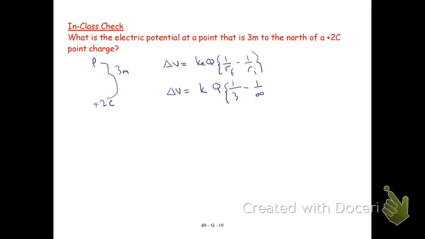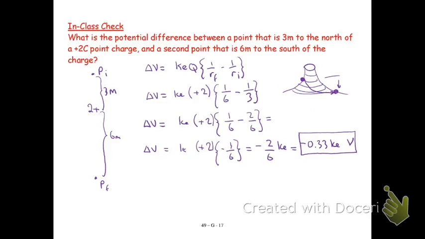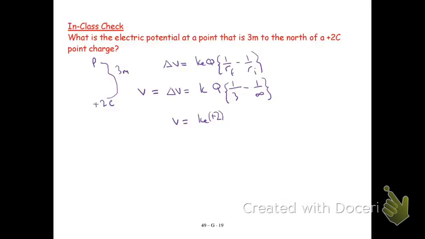V is equal to, because for V I take that point and make it infinite, KE plus 2 times 1 over 3, which equals 2 over 3 KE, which equals 0.66 KE volts.